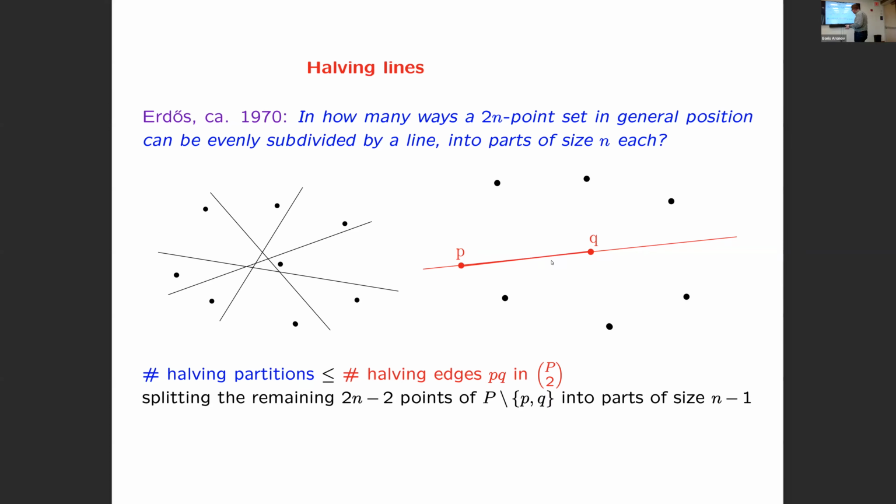It comes down to counting so-called halving edges, where you are looking at all the possible pairs of points so that the line through them would split the remaining n minus 2 points into 2 even parts, each of size n over 2 minus 1.